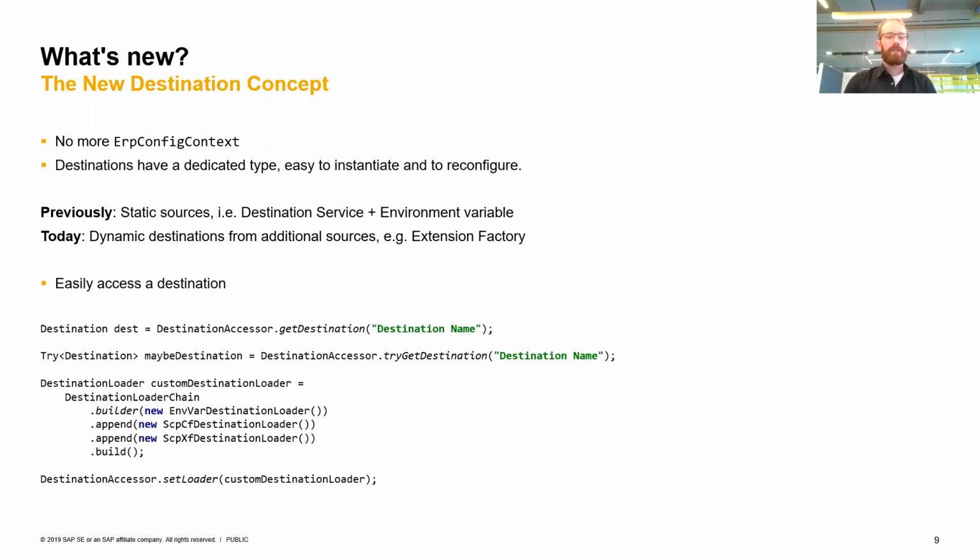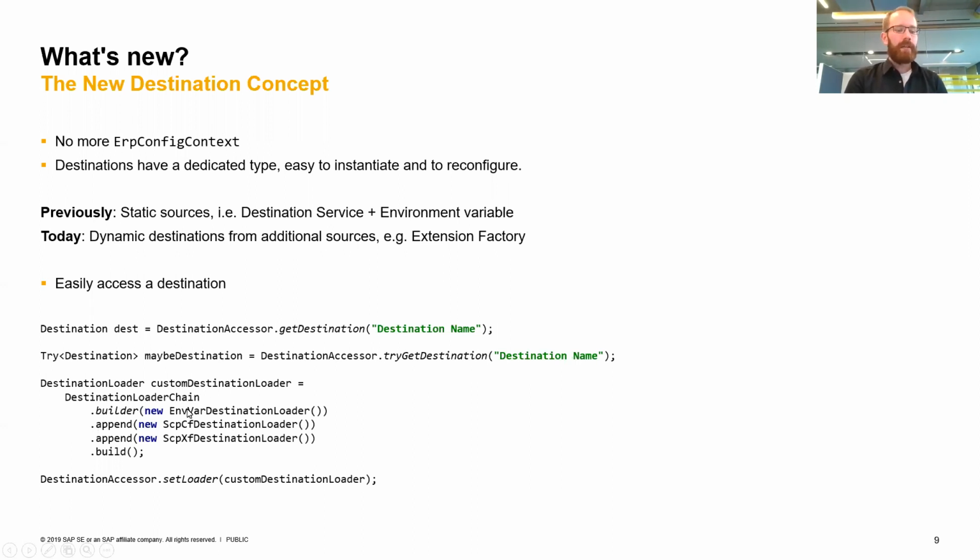If you want to adjust this fallback mechanism, for example, as mentioned earlier, if you want to retrieve destinations via the extension factory, then you could use a custom loader that I prepared here. There you have the destination loader chain, which, as the name already describes, is a chain of destination loaders, meaning it looks in the first provided loader for a destination.